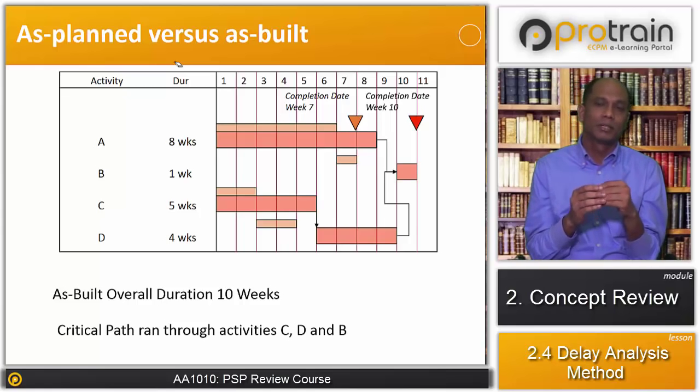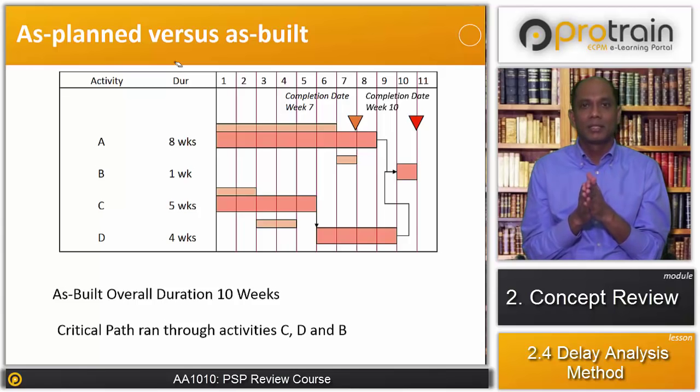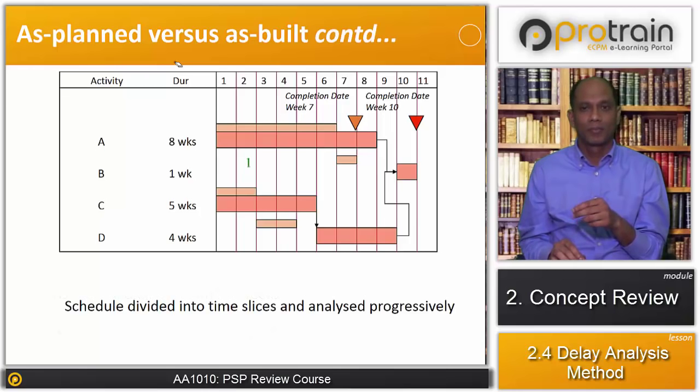Next thing we are going to do is slice the project duration into various windows. So let's see how it is working. We are slicing the project into 3 windows, window 1, window 2 and window 3, and the time slices are analyzed progressively.